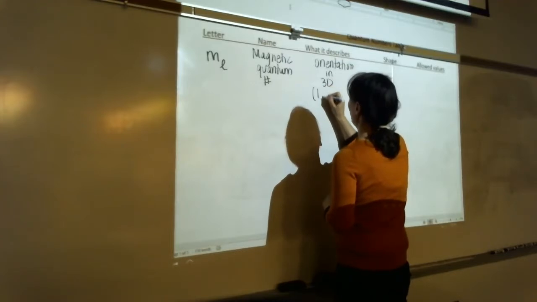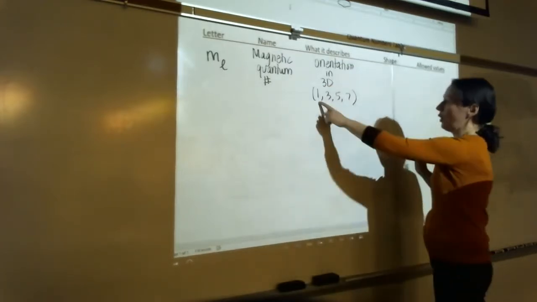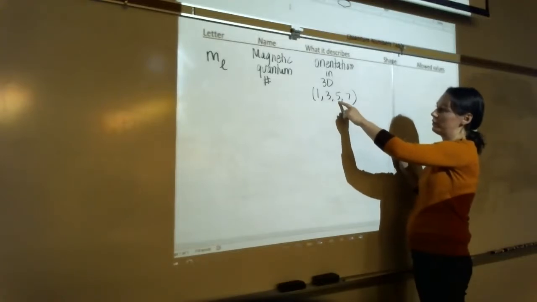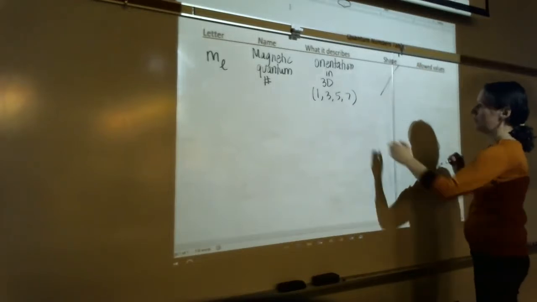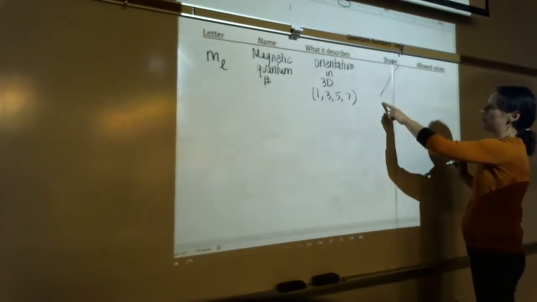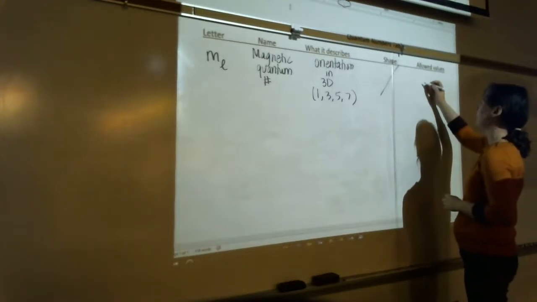So your options are either 1, 3, 5, or 7, right? There's either 1 orientation, 3 orientations, 5 orientations, or 7 orientations. Shape doesn't apply here because those are your orientations. And then the allowed values here.